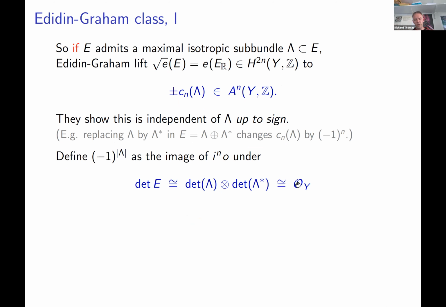It's not an orientation until you multiply by some i to the n or minus i to the n, because of the way all those numbers work out in all our conventions. But again, you should consider i to the n to be a sign and ignore it.